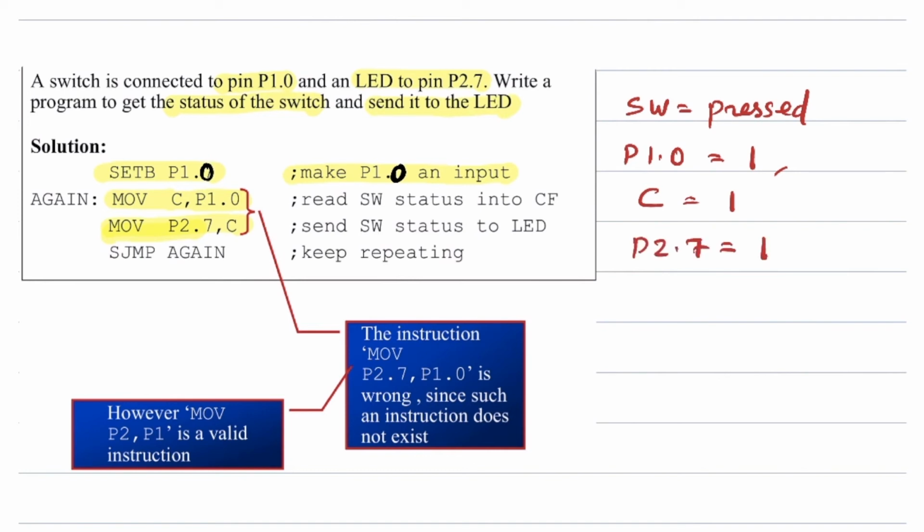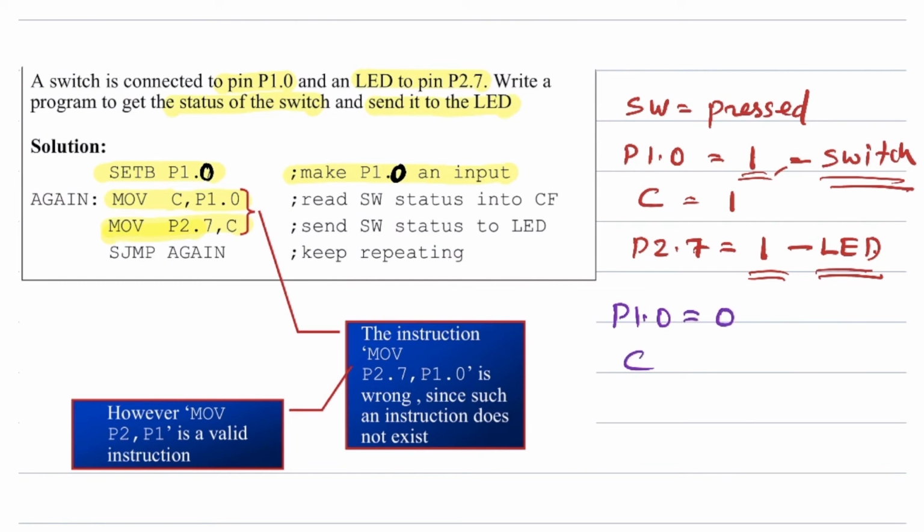So what happens is, here the switch is connected to P1.0 and here the LED is connected. That means if the switch is 1, LED is 1. That means if the switch is pressed, LED will glow. And if the switch is not pressed, then you know that P1.0 will be 0 and the carry also will be 0 because of this line, and the same carry will be moved to P2.7.